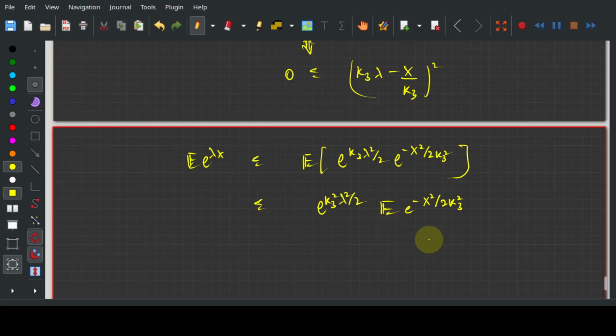Correct. This quantity is less than 1 for every value of x, right? So this is less than or equal to expected value of 1, which is 1.